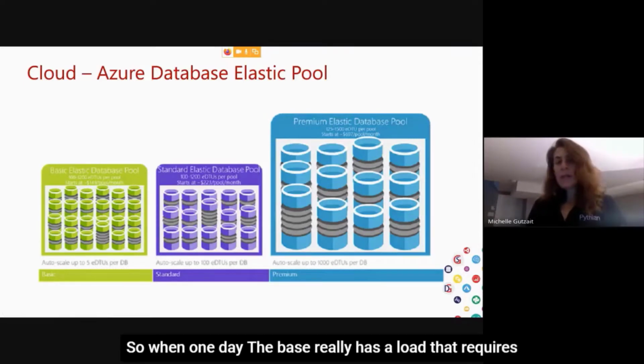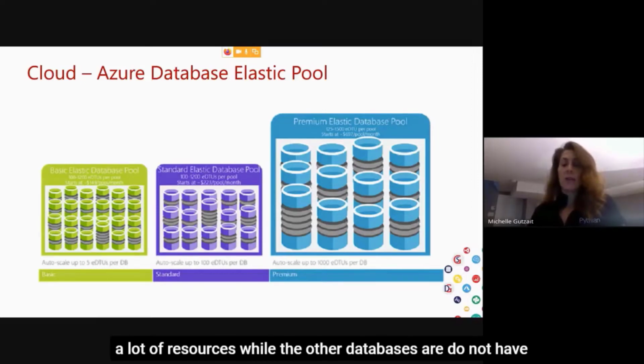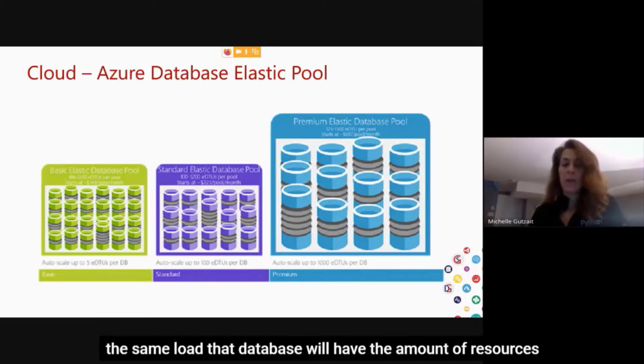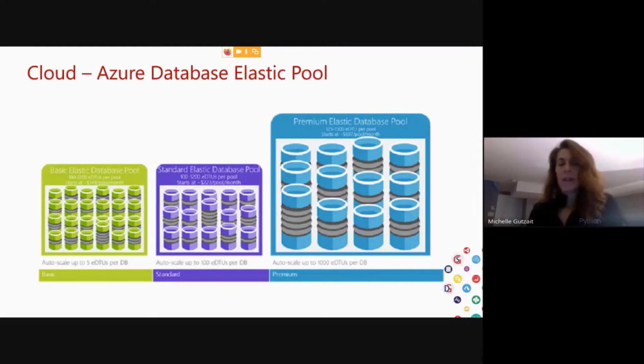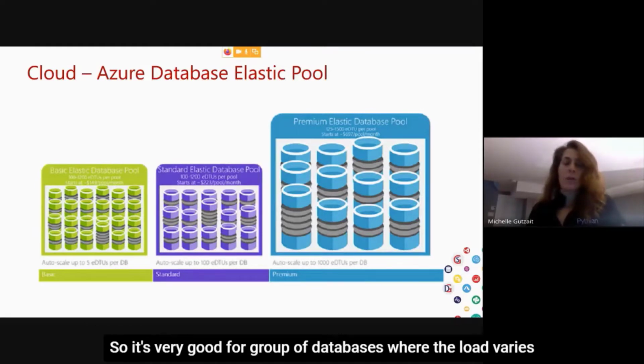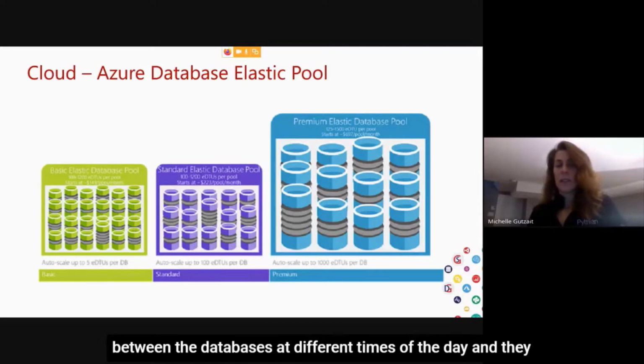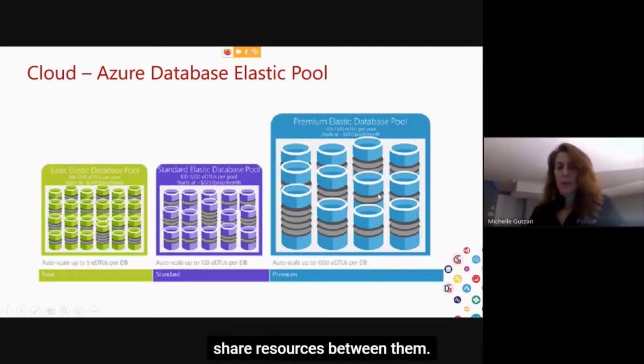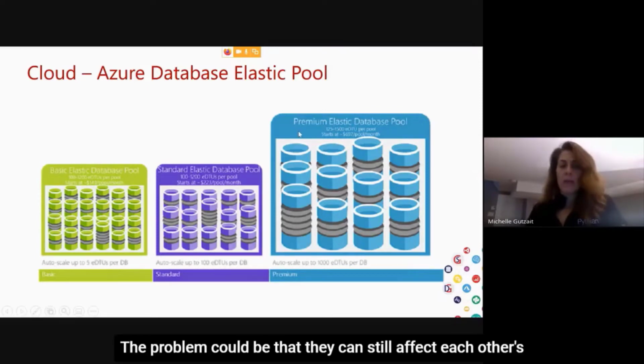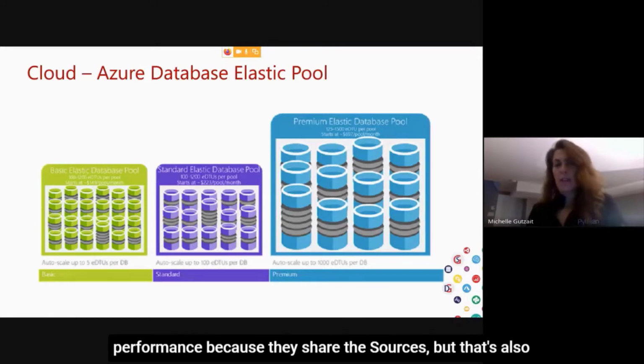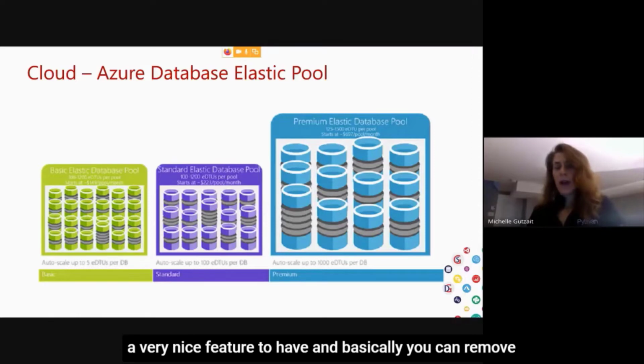So when one database has a load that requires a lot of resources, while the other databases do not have the same load, that database will have the amount of resources it needs. So it's very good for a group of databases where the load varies between the databases at different times of the day, and they share resources between them. The problem could be that they can still affect each other's performance because they share their resources. But that's also a very nice feature to have.